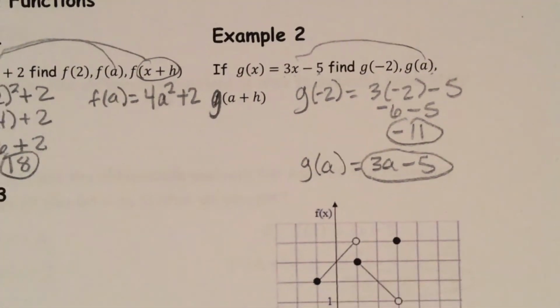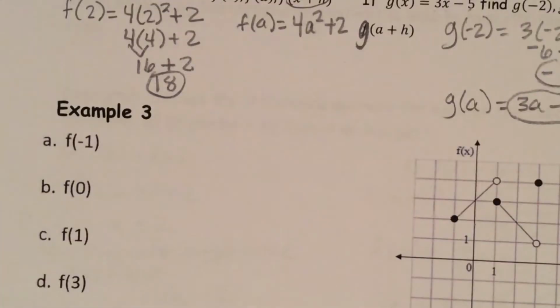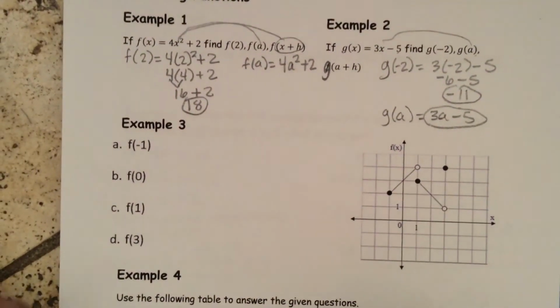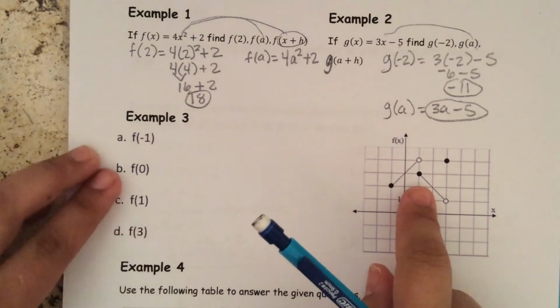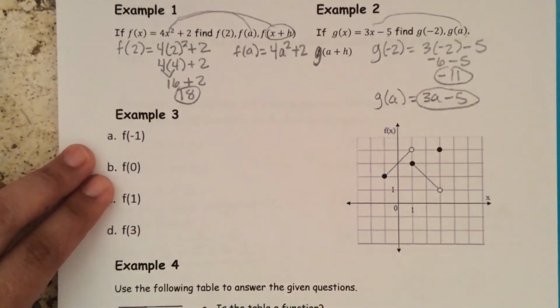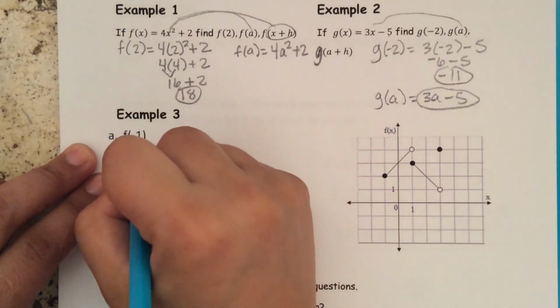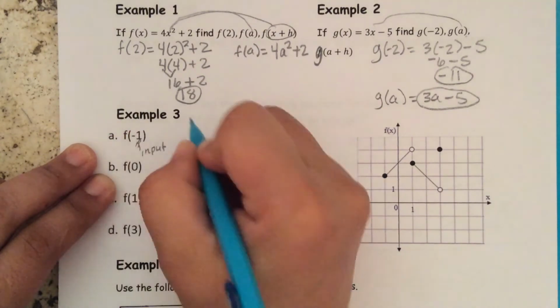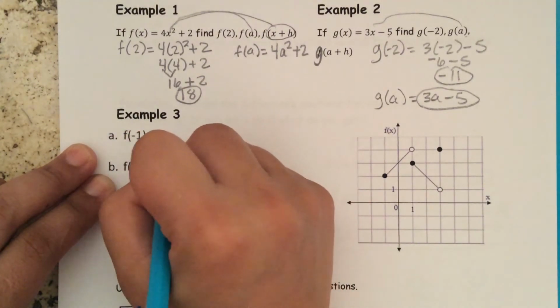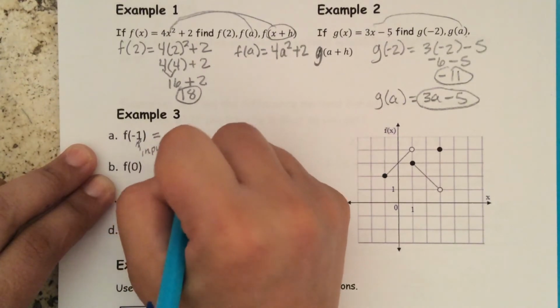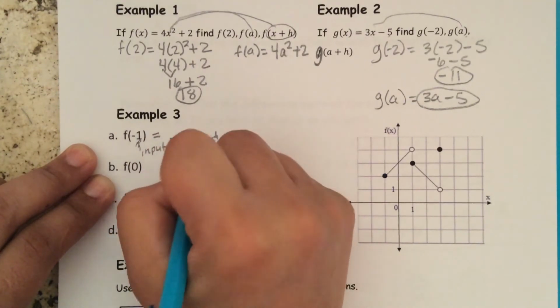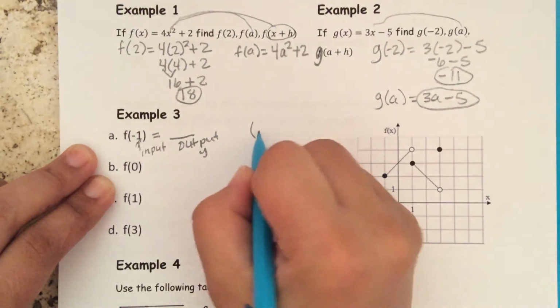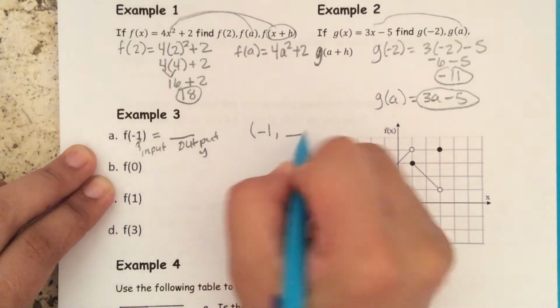Okay, some of you guys are having an issue with these type of examples from yesterday's assignment. So remember, this is your input. You want to find your output, the y value. So right now you have -1 and you have to find the y.